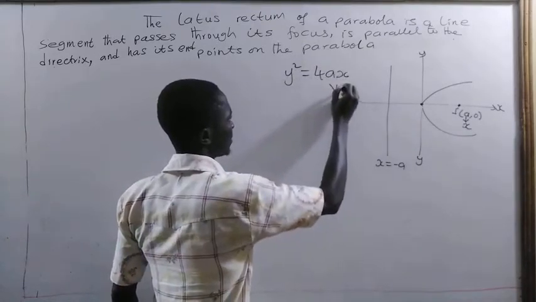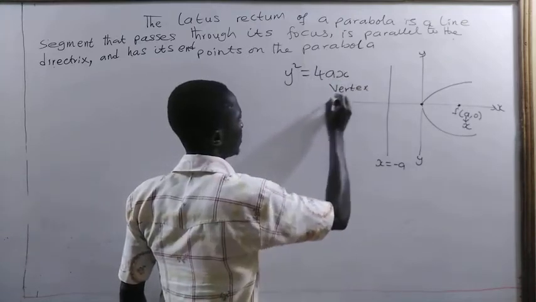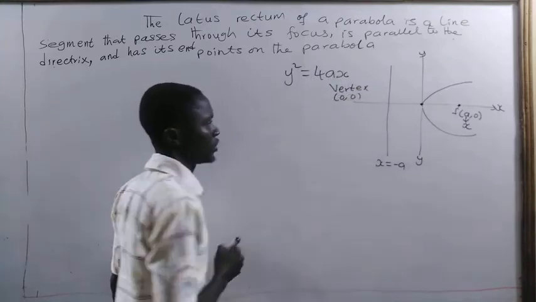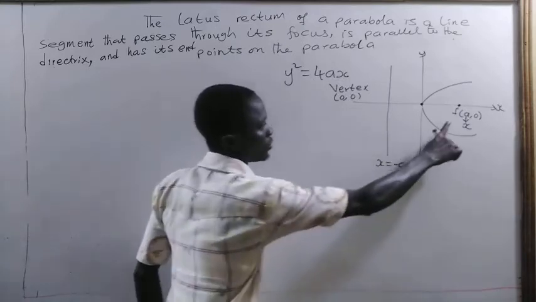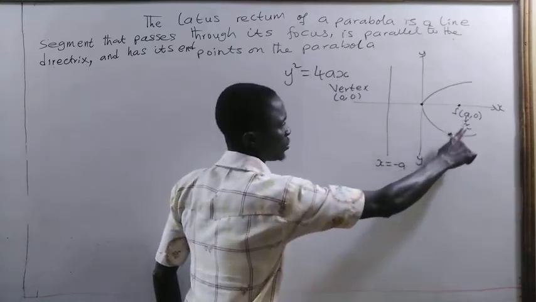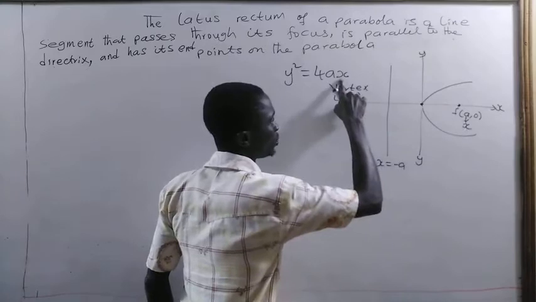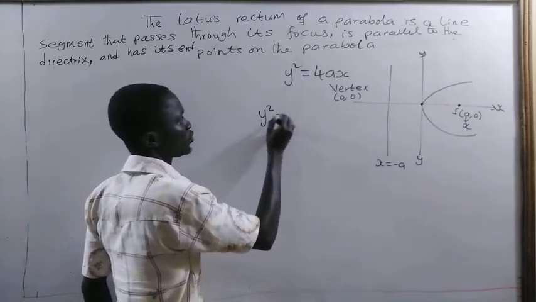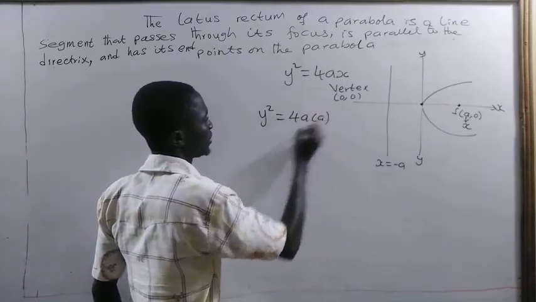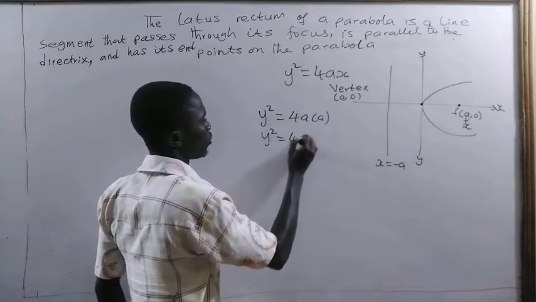The vertex is at the point (0, 0), that's the origin. Now, we have the coordinate here to be equal to x. So here I'm going to put a for x. So I'm going to have y squared equals 4a times a. Y squared equals 4a squared.